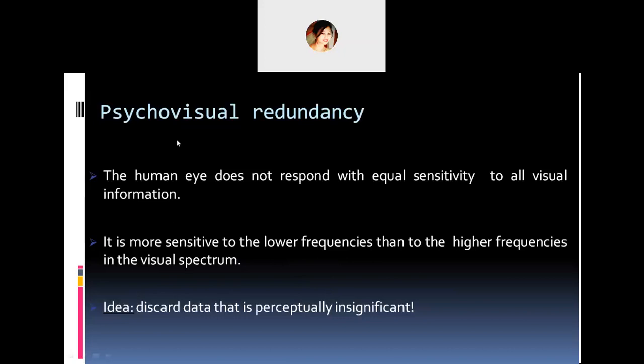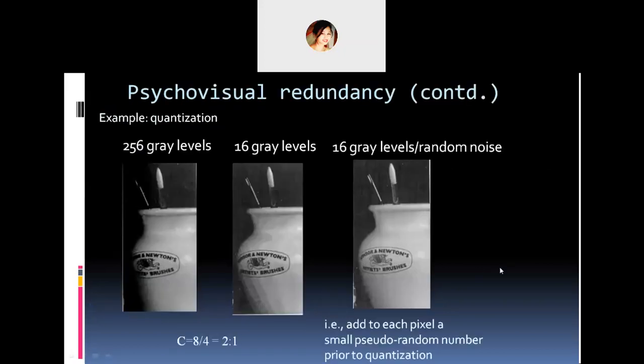So the idea of psychovisual redundancy is that whatever data is not relevant or significant to the human eye, you just discard that data. This is talking about quantization. We already spoke previously about sampling and quantization. This is the quantization technique using different bits of gray levels.